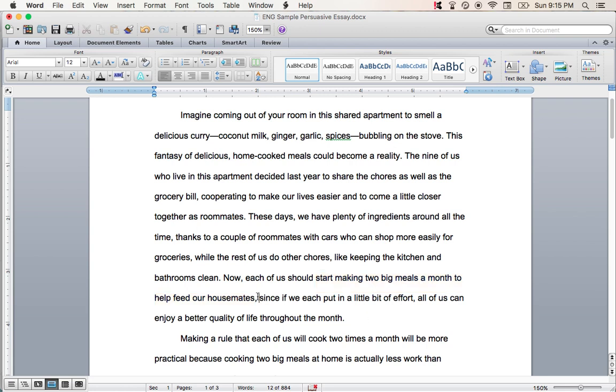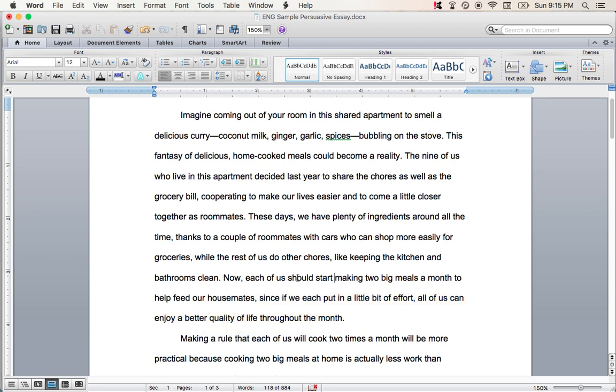And then we have the reason that we should do it. If we each put in a little bit of effort, all of us can enjoy a better quality of life throughout the month. That's a summary of the reasons why we should adopt this plan.